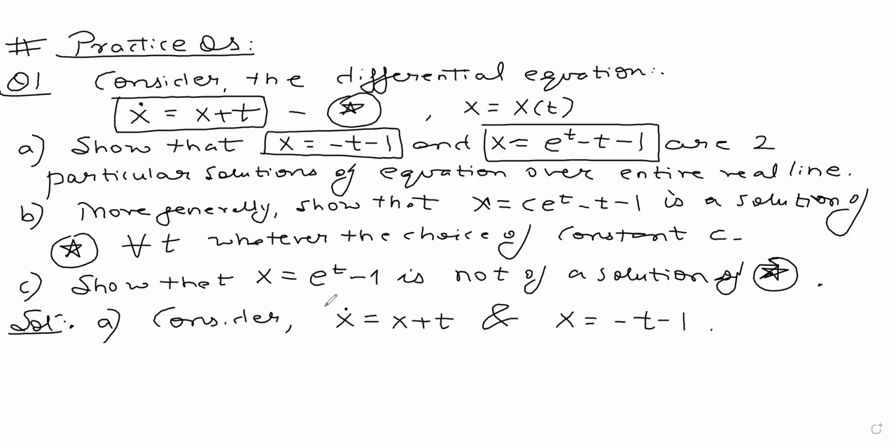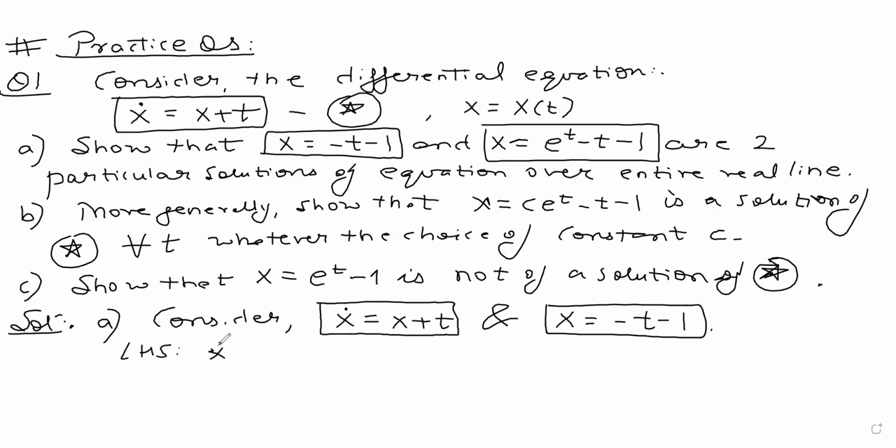Let's verify whether x dot is equal to x plus t for this x. Left hand side is x dot, which is nothing but dx by dt. Since x is equal to minus t minus 1, if I find dx by dt, it's minus 1.